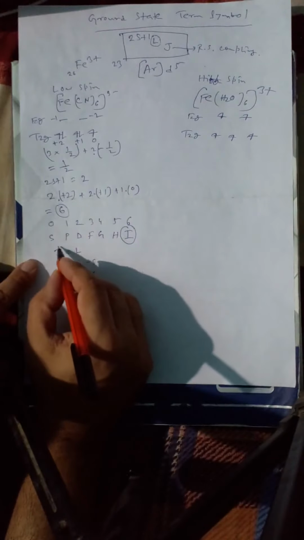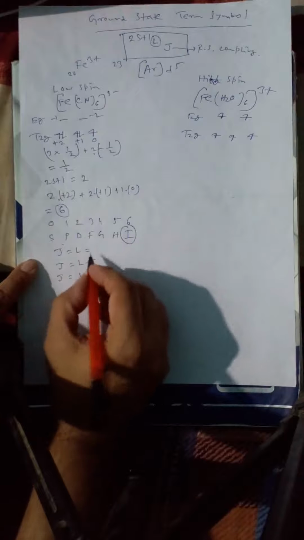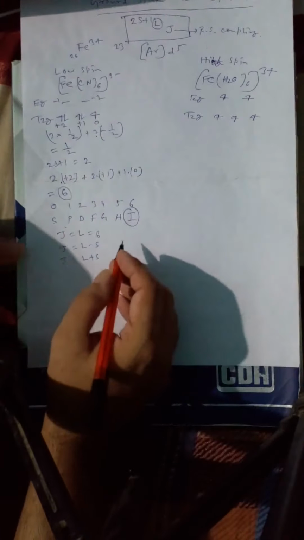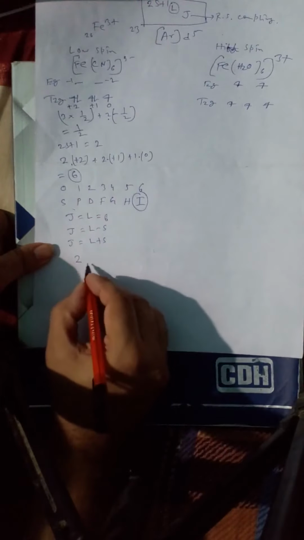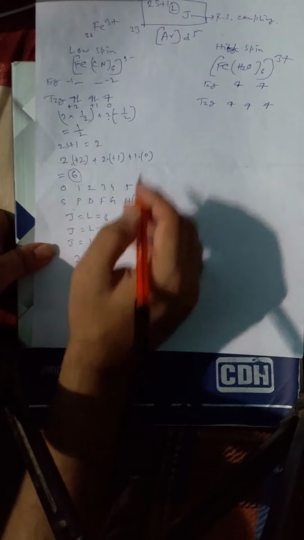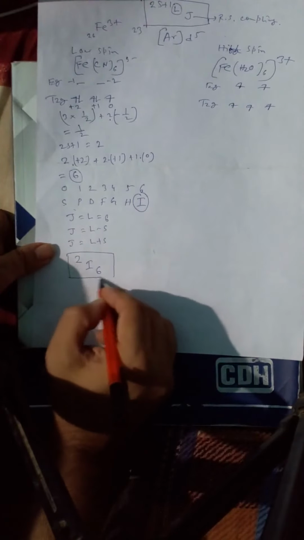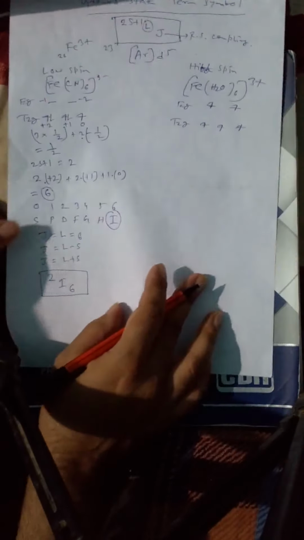So J will be equal to the L value, or 6. So the ground state term symbol for Fe3+ low spin will be: 2S plus 1 was 2, L was I, and J is 6. The ground state term symbol of Fe3+ low spin is 2I6.